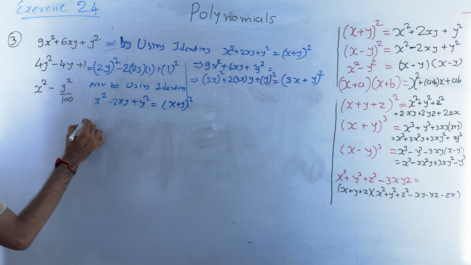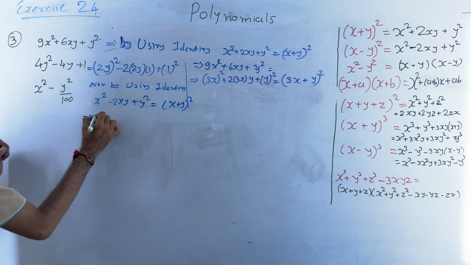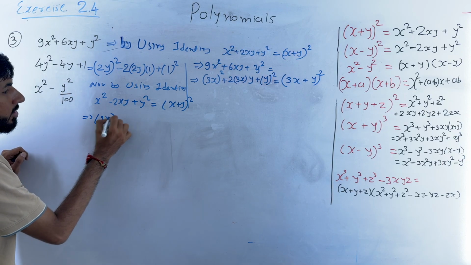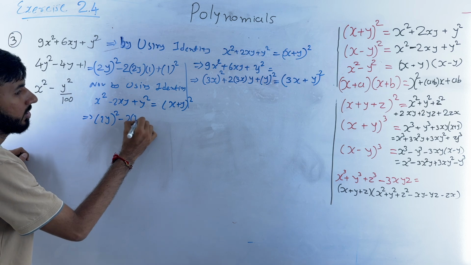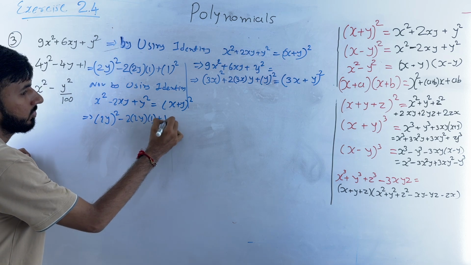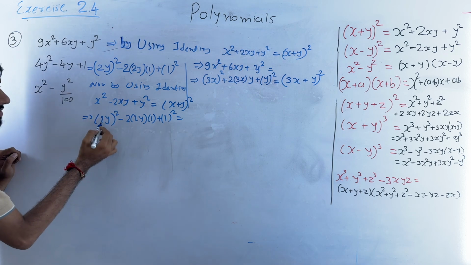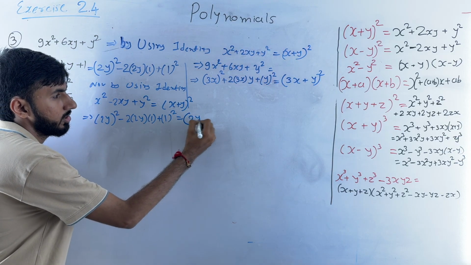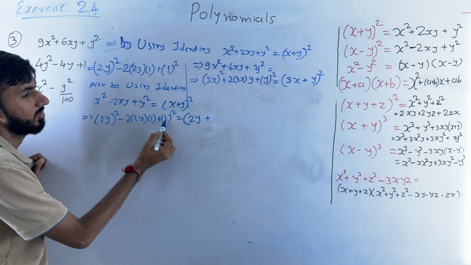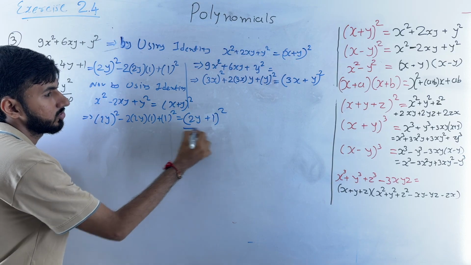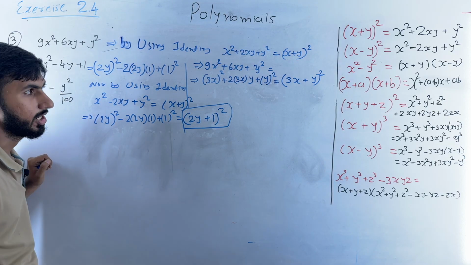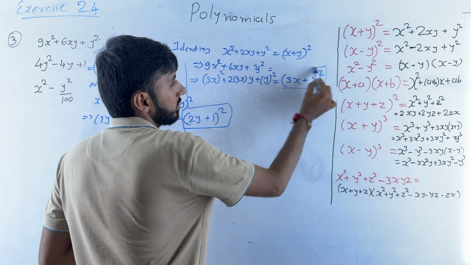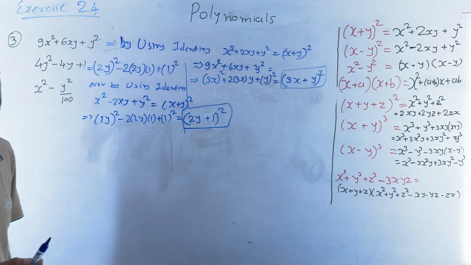So the answer for this question will be 2y square minus 2 bracket 2y bracket 1 plus 1 square, comparing x with 2y, the first term is 2y, right. So you have to write 2y here minus y, where the last term is only 1 square. So this is your answer, right. For the first question this is your answer, for the second question this is your answer.